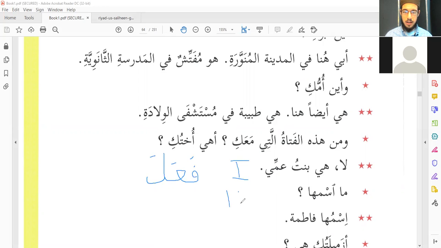So we saw the second form was adding a doubled middle letter. Fa'ala. Right? Everything else stays the same, except now the second letter is doubled. Fa'ala. And just that tiny change has major consequences.